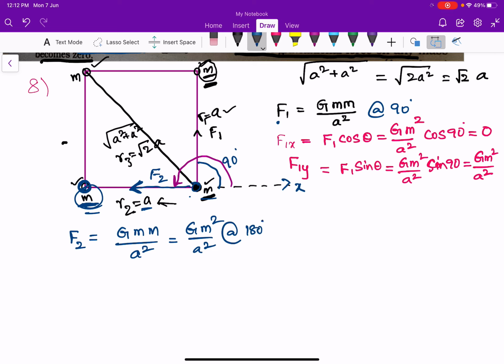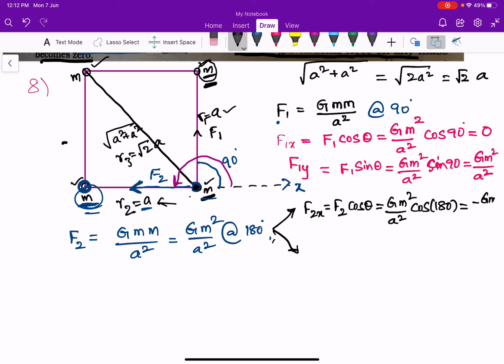So I am resolving F2 into components. Here I am writing F2x and F2y. F2x equal to F2 cos theta. F2 is G m square by a square into cos 180. Cos 180 is minus 1.